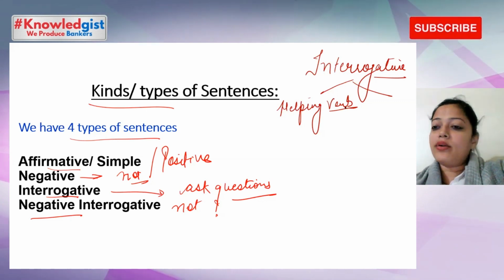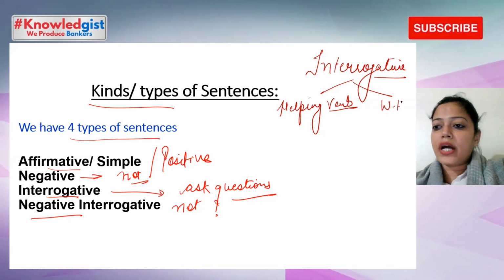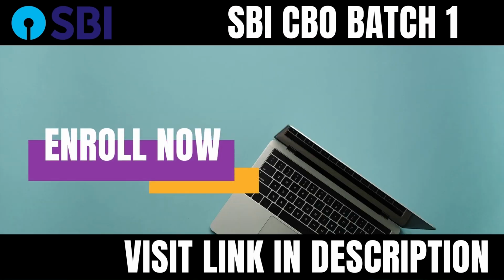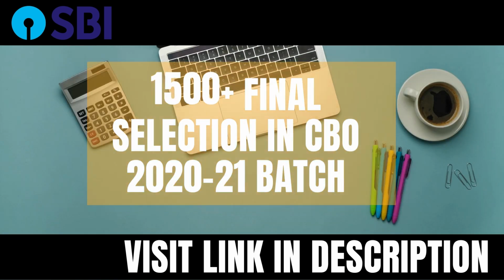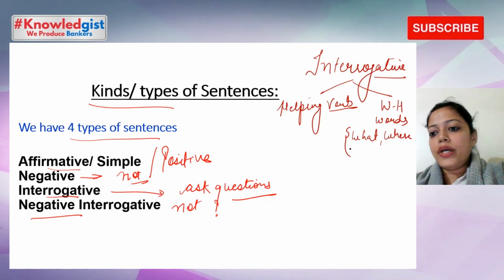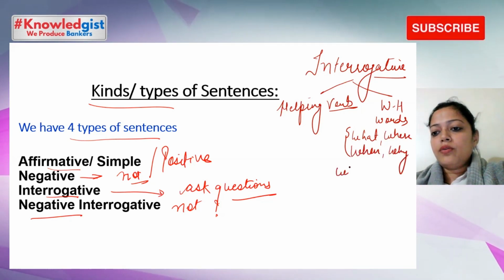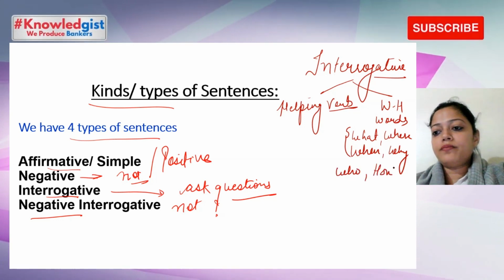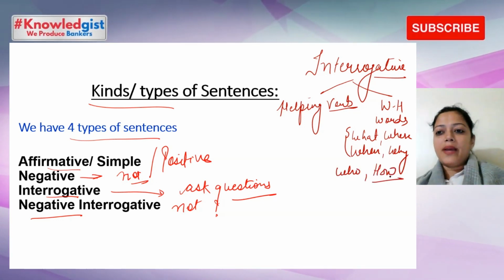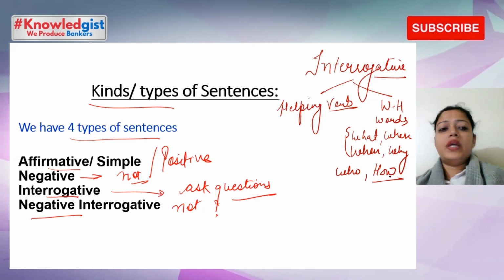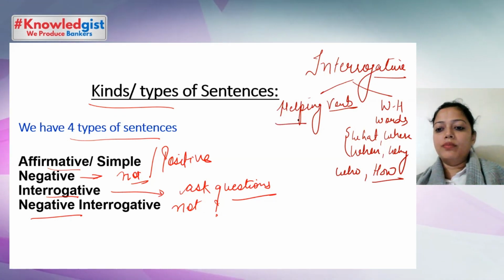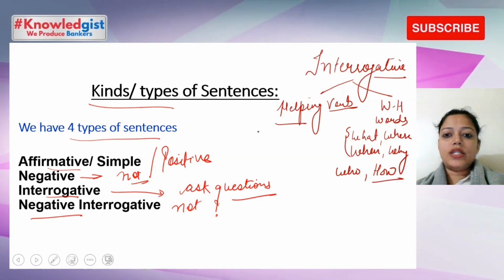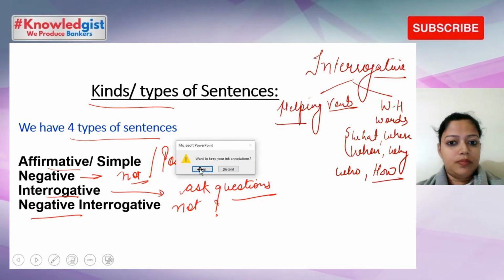And another interrogative is which starts with WH words. WH words means what, where, when, why, who, and how. So these are 2 types of interrogative sentences. First of all, the sentences which start with a helping verb.